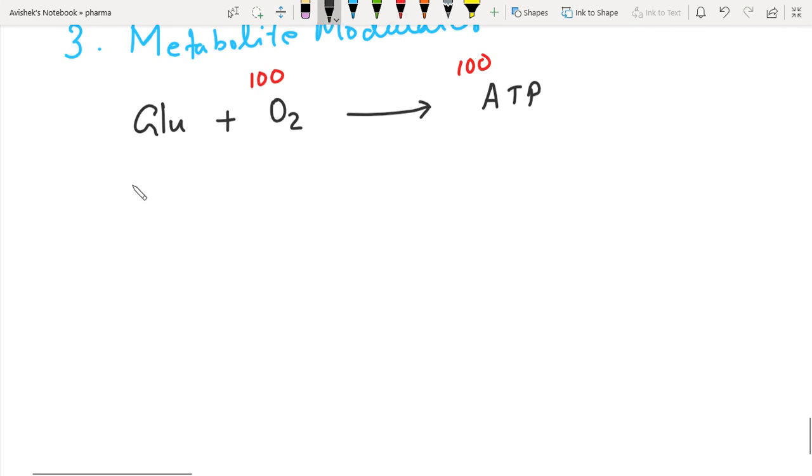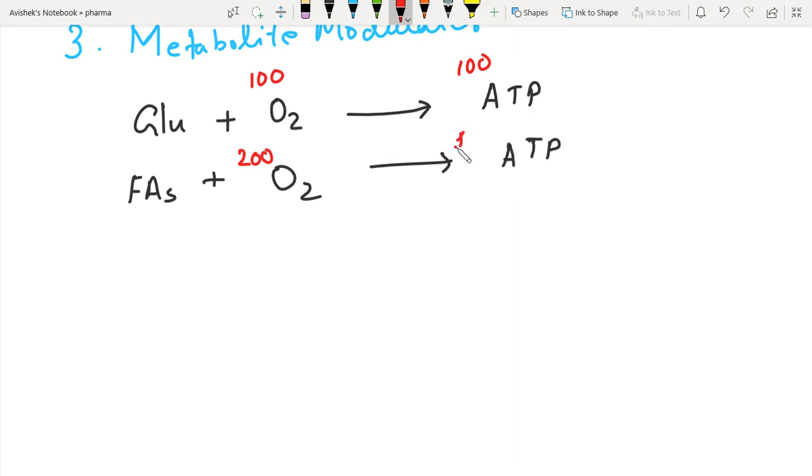There is another metabolite, fatty acid. With use of 200 oxygen, it can give only 100 ATPs. So generally the heart uses fatty acid, so we shift the metabolite to glucose.